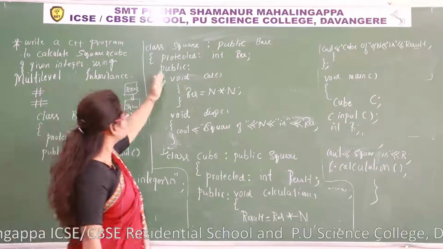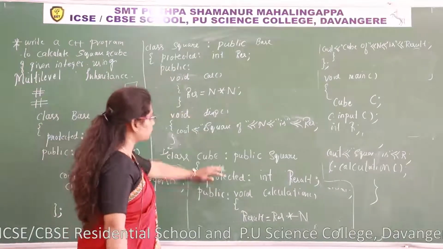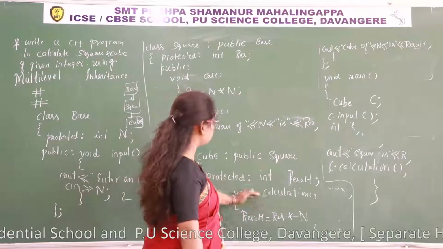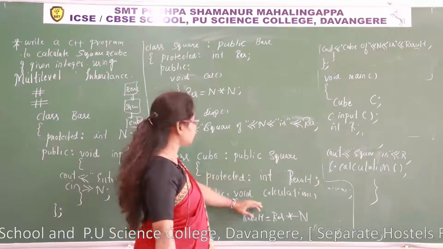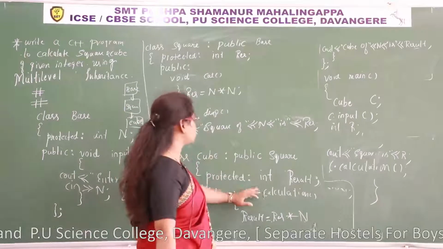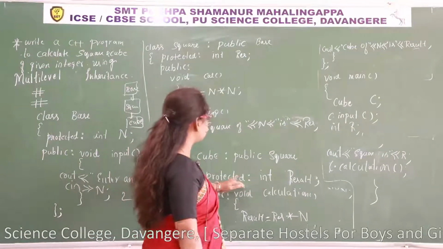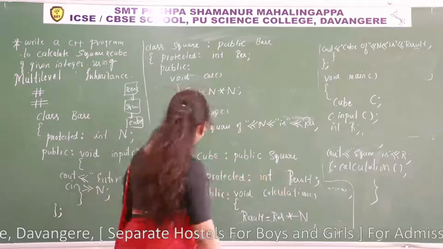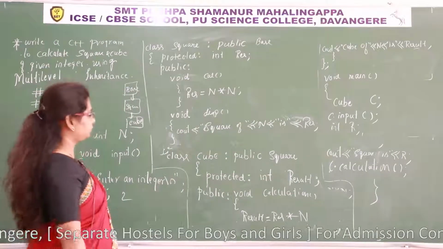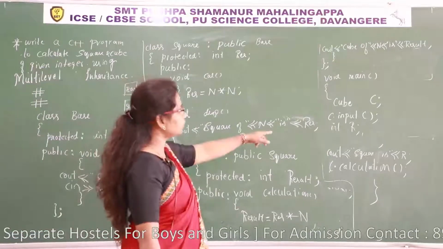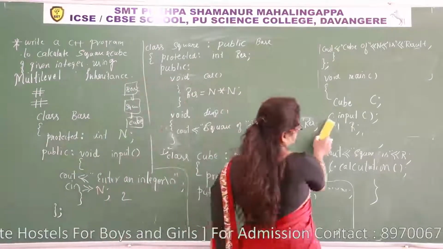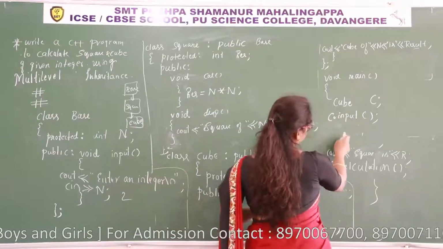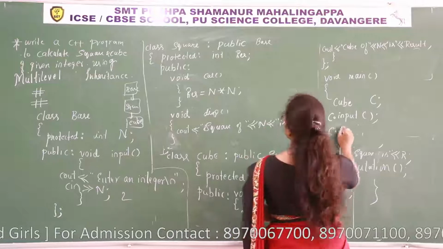So n goes to the protected section of square and also the protected section of cube. So finally I have created an object for this class, so I can access the data members through the object of this class. The protected section contains n, res and result. Now n got the value 2. Next I call c dot input, over. Now, c dot cal.